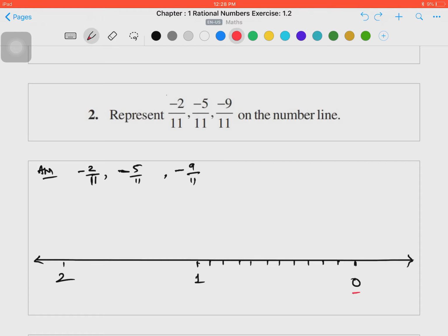Let's name the points: 0 by 11, minus 1 by 11, minus 2 by 11, minus 3 by 11, minus 4 by 11, minus 5 by 11, minus 6 by 11, minus 7 by 11, minus 8 by 11, minus 9 by 11, minus 10 by 11, and this will be minus 11 by 11.